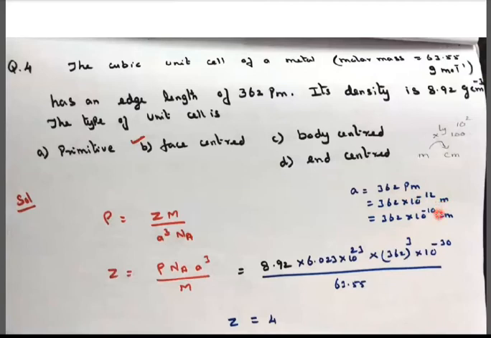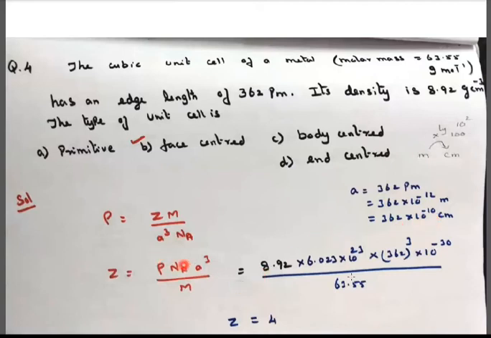So this meter is to be changed into centimeter, because the density is given in gram per centimeter cube. So 362 into 10 to the power of minus 10 centimeter, because meter to be converted to centimeter multiplied by 100, that is 10 to the power 2. So 10 to the power of minus 12 into 10 to the power of 2 means 10 to the power of minus 10 centimeter.